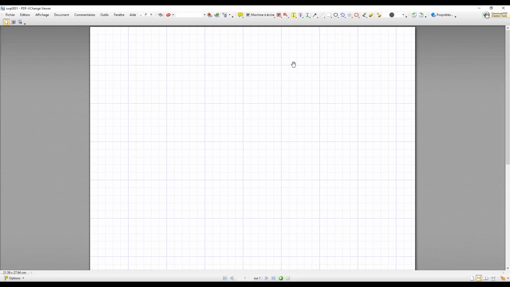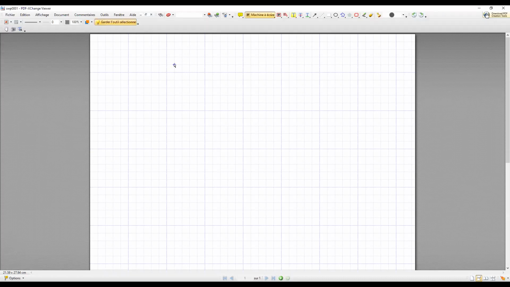All right, so we start with a nice blank slate again.